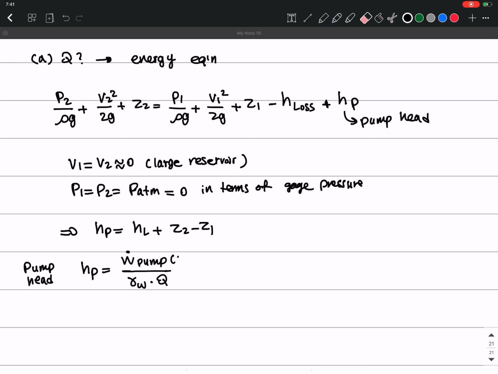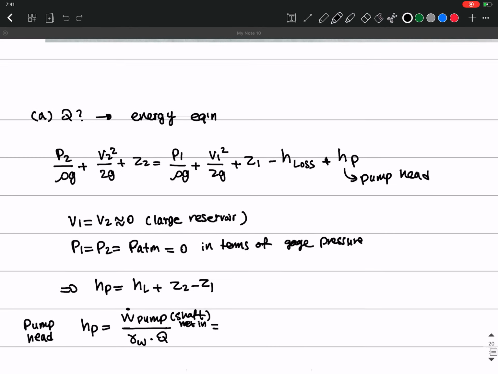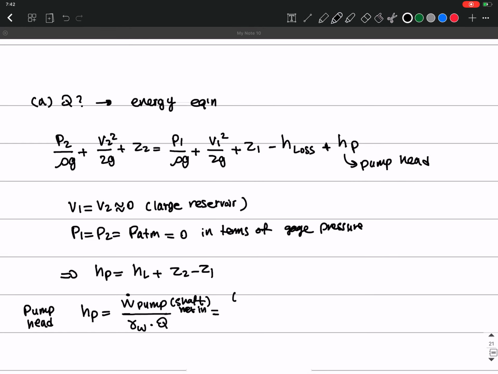So let me write it down again. Shaft in equals shaft net in equals, so we have that the pump adds 10 horsepower, so it's going to be 10 horsepower.